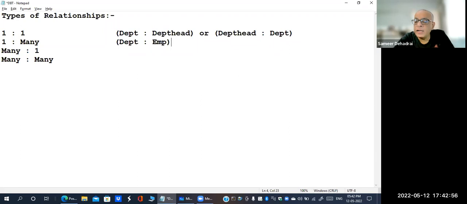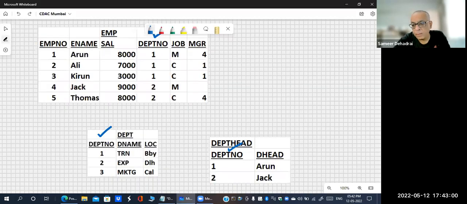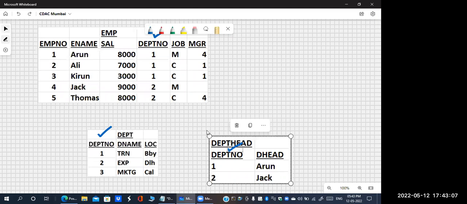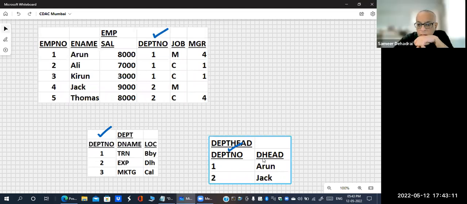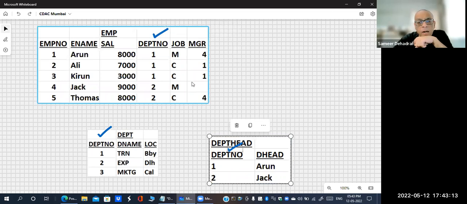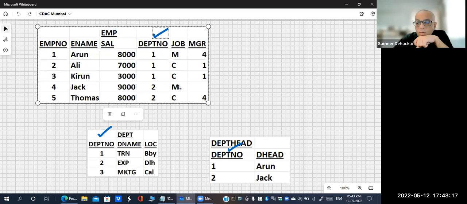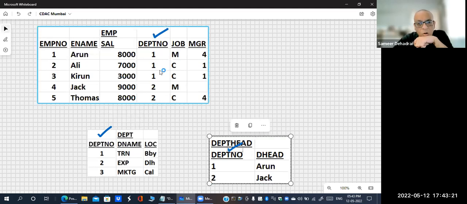Actually, we have a second example of one is to many here. Look here, Daneshwar. I can compare department head table directly with EMP. Agreed? I can compare department head table with EMP table. Department number column is common. Arun is having so many employees working under him.